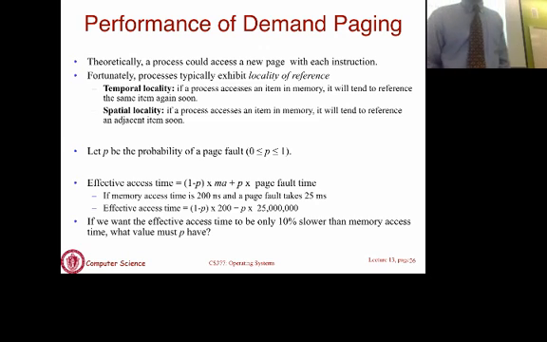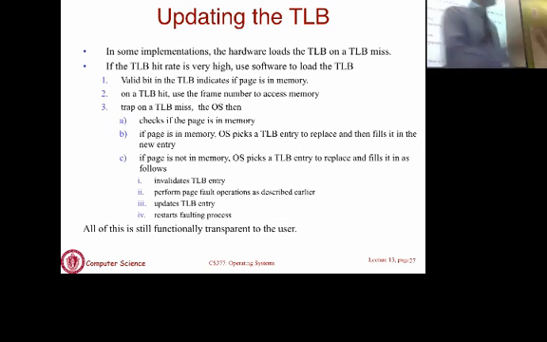Okay, so now we'll look at some additional details. We sort of ignored all the TLB stuff during a page fault, but that's not quite what's happening. You have a page table, you have some things on disk, some things in memory, there's a TLB, and all of these data structures have to be updated.